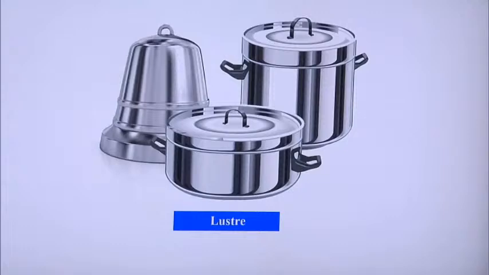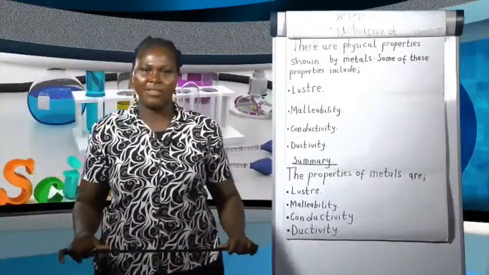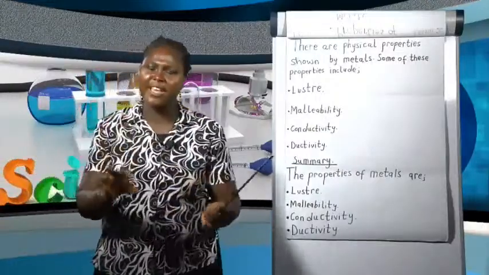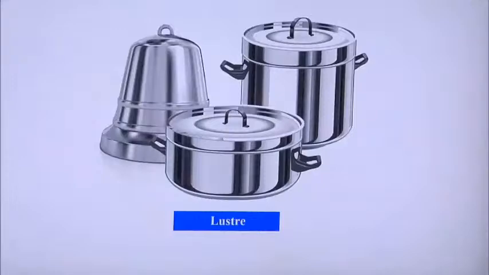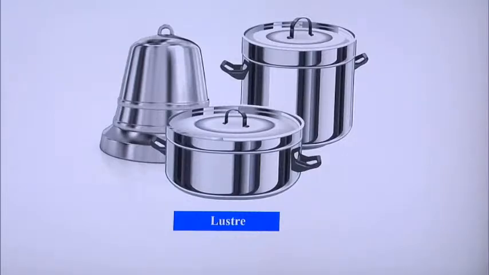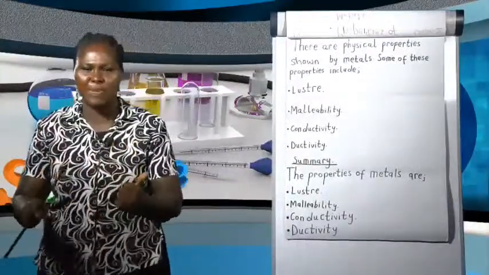Now when a carpenter buys new nails, if you look at the nails, they look what? Very, very bright, and they are new. So when the nails are new, they show the property of what? Luster. The same thing when you shine your saucepan in the house, you use silver shine to clean all the dirt on the saucepan.